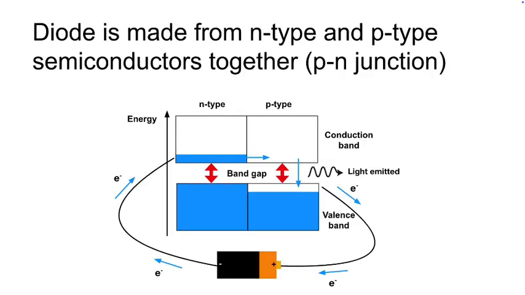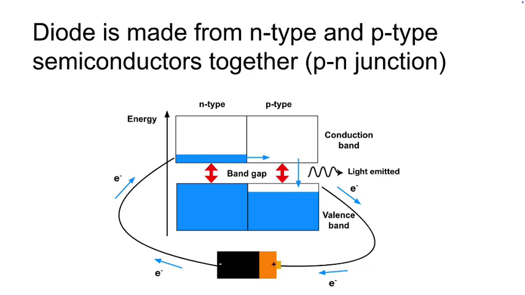So diodes, we can now talk about things that I almost guarantee a significant portion of this class knows more than me about, because we're moving into electrical engineering. So a diode is made from an N-type and a P-type semiconductor put together, right? Because you're now looking at how that electric load is going to generate light through that system.